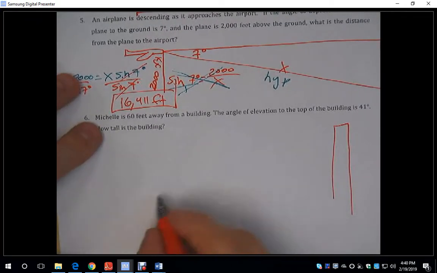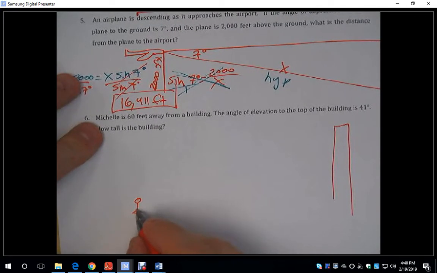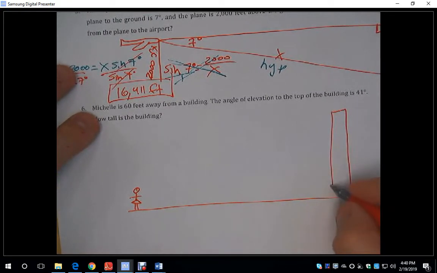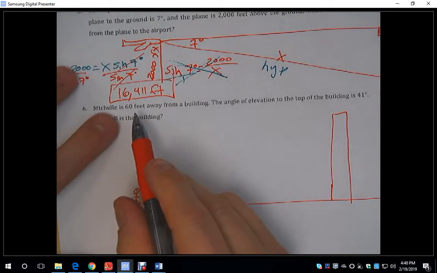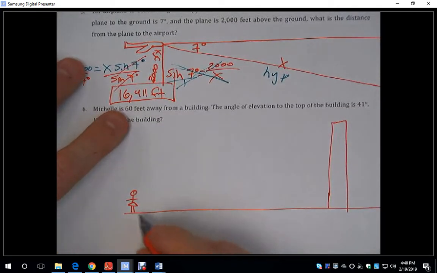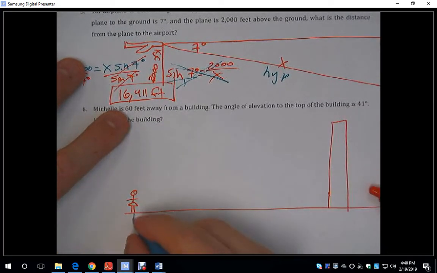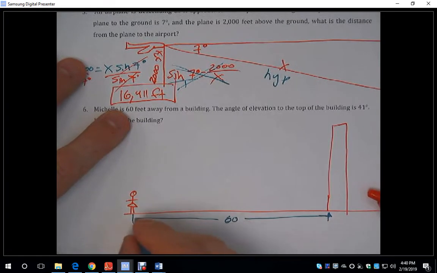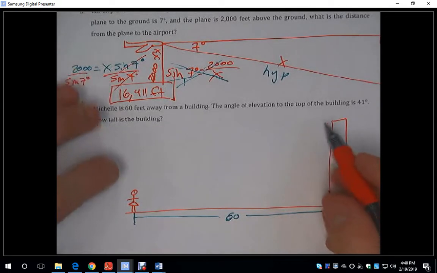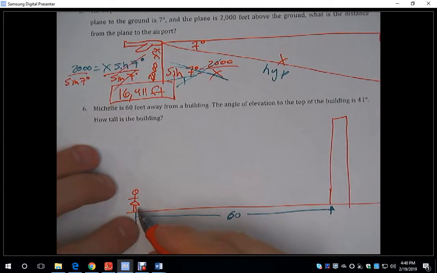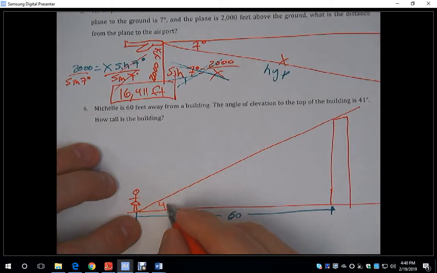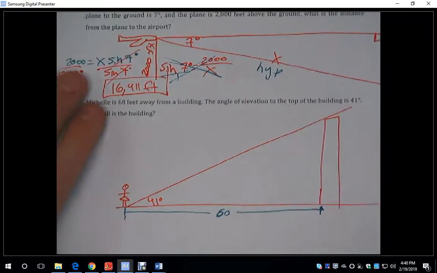And Michelle is 60 feet away, so that would be this distance here. The angle of elevation to the top of the building is 41, so that would be this angle here of 41 degrees. I want to know how tall the building is.